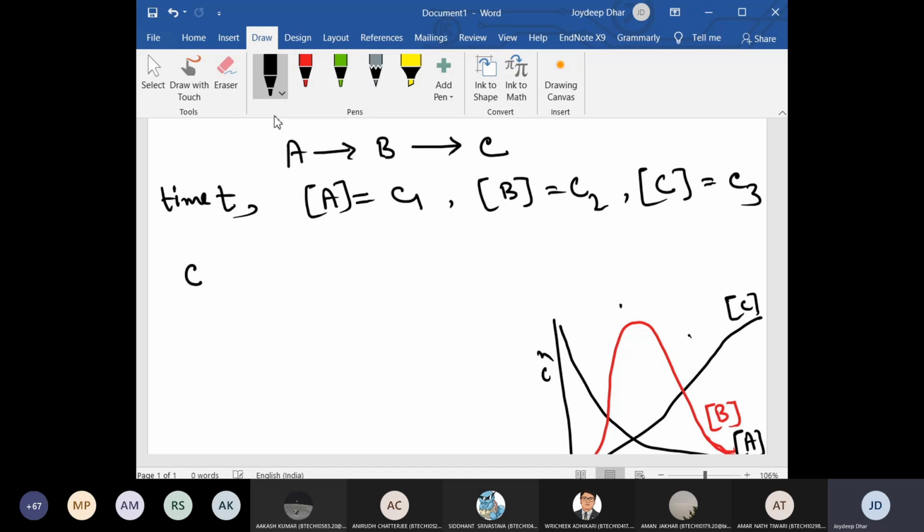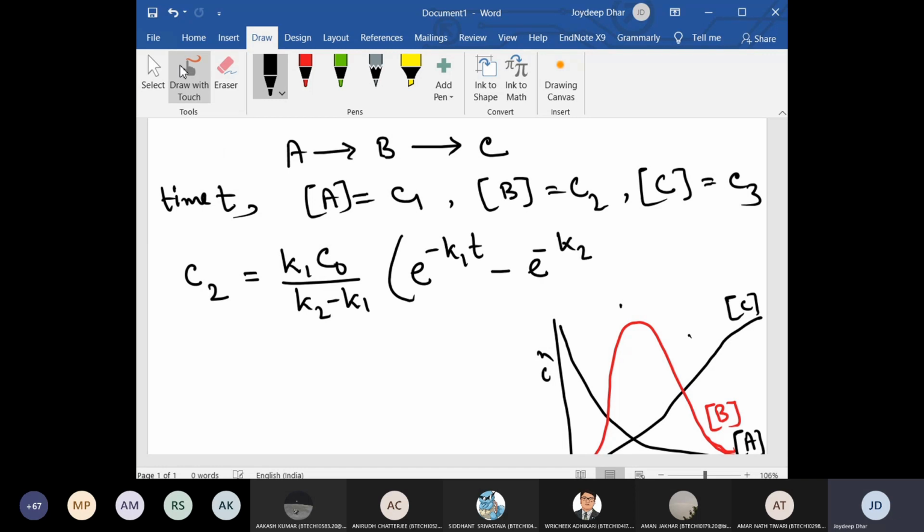And now my question is C2, the concentration of B, that I have told is K1 into C naught by K2 minus K1, into e to the power minus K1 t minus e to the power minus K2 t.